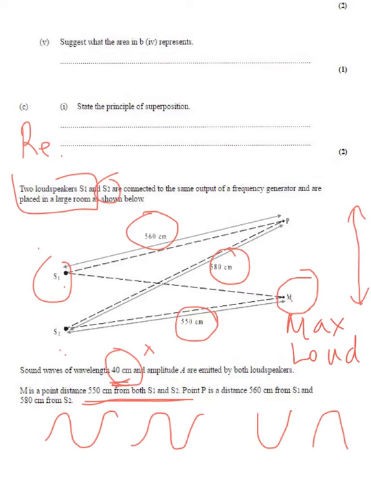Now, what's going on at P? You've got 560, which is a number of wavelengths plus a little bit, and then you've got 580. Now, if we subtract 560 from 580, we're left with 20.